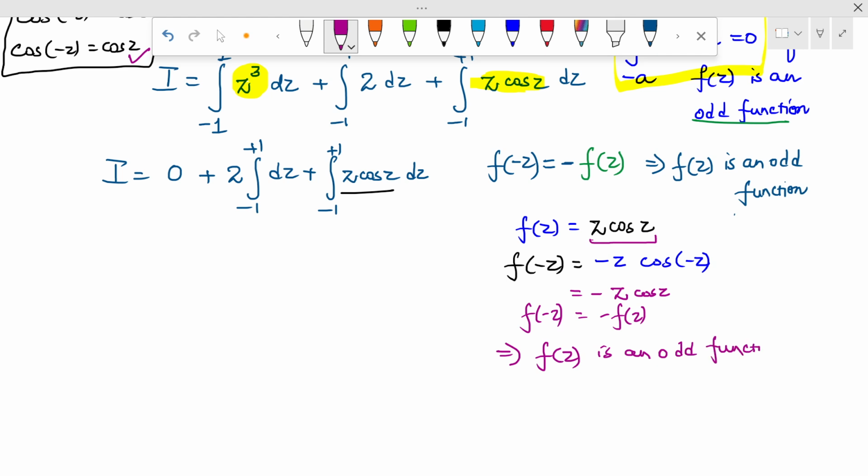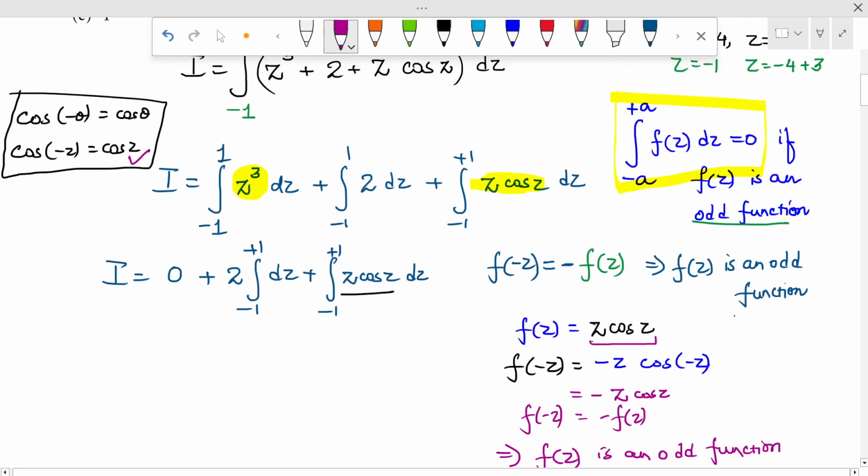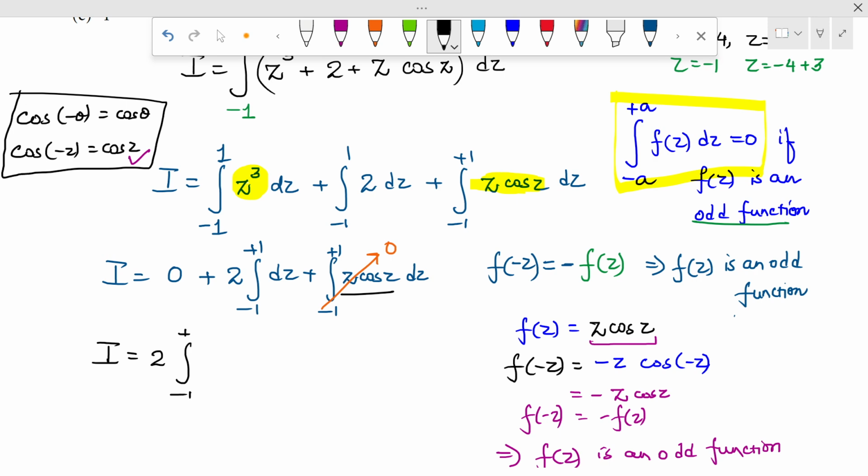Right? And if f(z) is an odd function, its integration will be 0. That means I am left with only twice the integration from -1 to 1 of a dz.